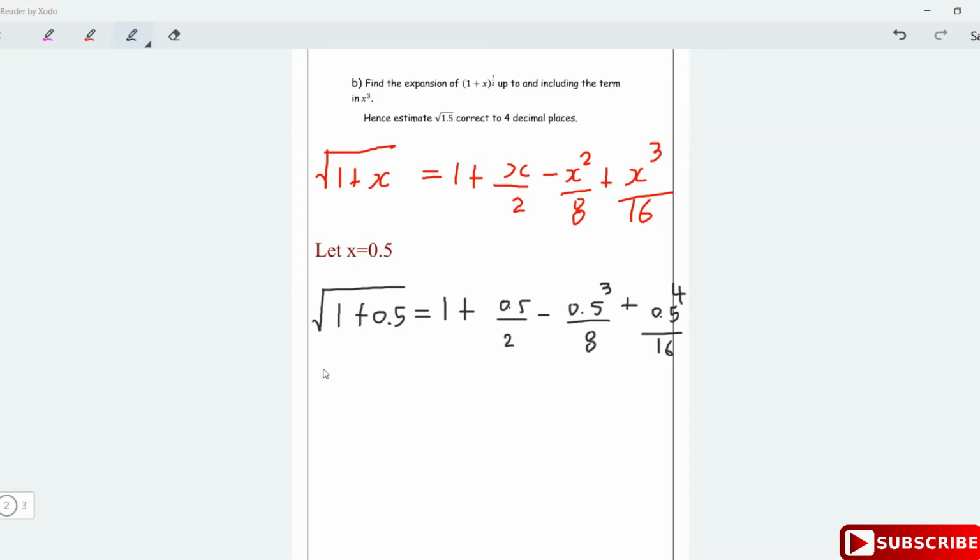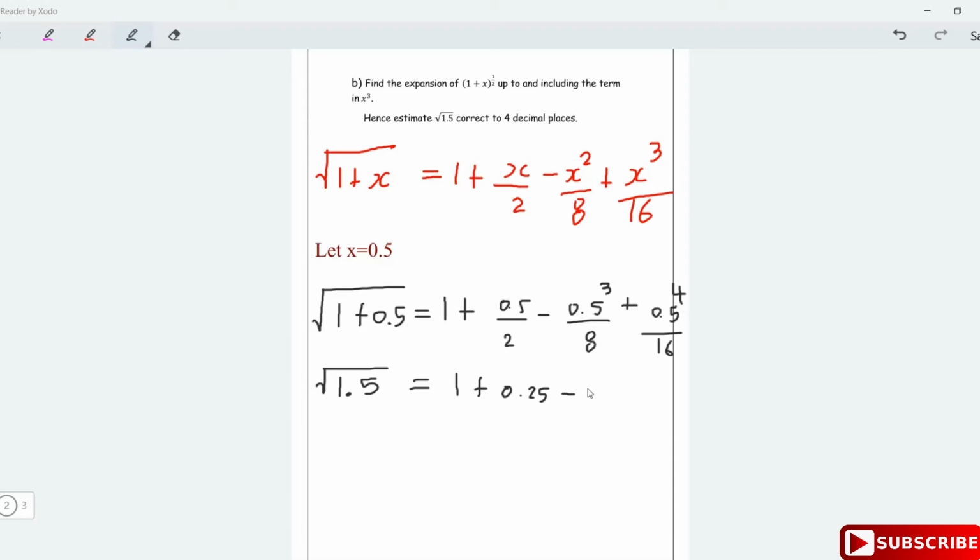So what you get is now the square root of 1.5 is equal to all of this. That works out now to be 0.5 divided by 2, plus 1. I'm just simplifying this side, but let me write it so you can go along with what I'm saying. 0.5 over 2 is 0.25, minus 0.5 cubed divided by 8.